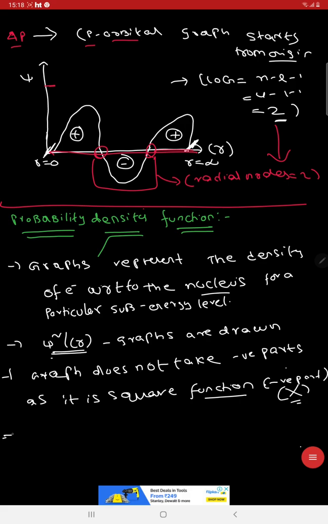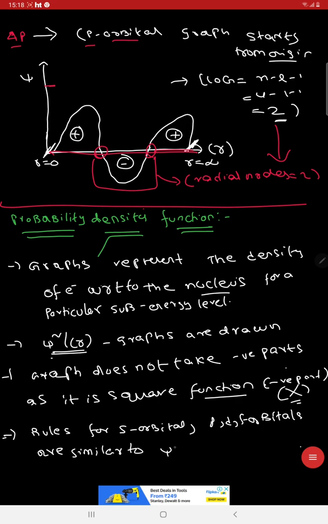The next point is the rules for s orbital and p, d, f orbitals are similar to the psi function, that is, s starts from the maximum and the others start from the minimum.